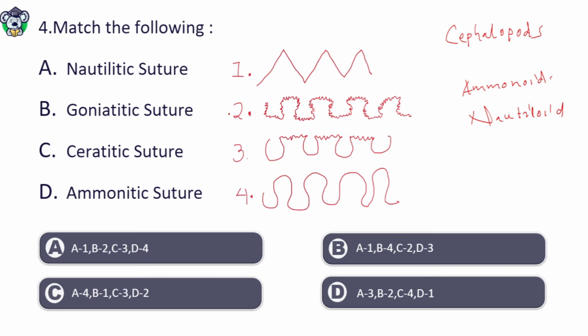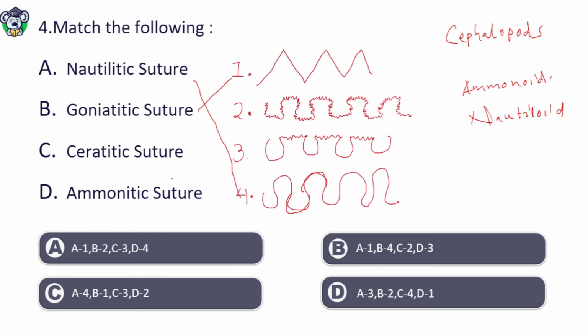This is goniatic suture, and this is saddle and lobe structure. This part is called saddle and this part is called lobe. So this belongs to nautilic suture.